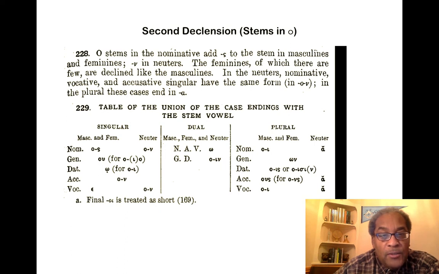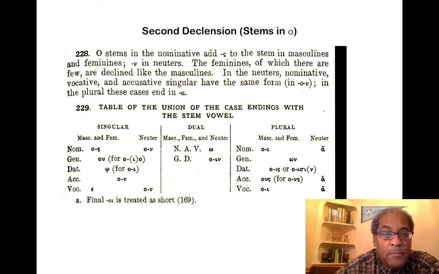So too, the accusative will be the same in the singular across masculine, feminines, and neuters, omicron nu. In your vocative, you're going to have epsilon for the masculine and feminines, and omicron nu for the neuters.